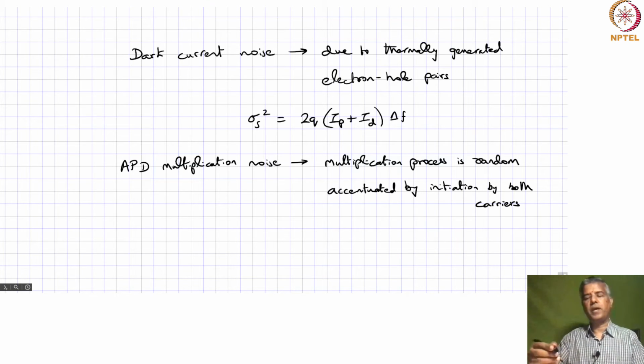So remember, that's where Ka, the value of Ka becomes important. Ka, which is the ratio of the impact ionization coefficient of holes to the impact ionization coefficient for electrons. We want that to be as far away from 1 as possible. So that is also playing a role in this.